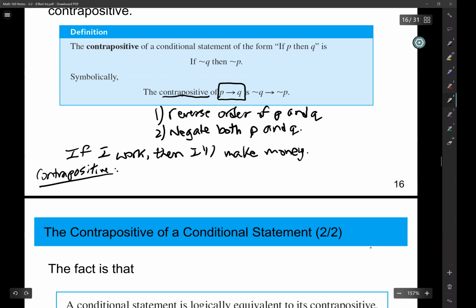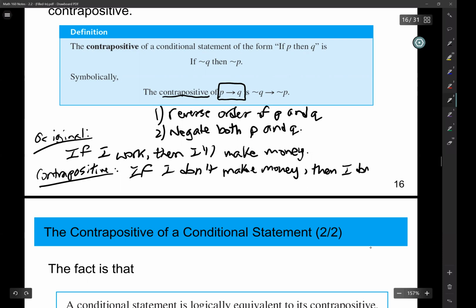The contrapositive would say, if I don't make money, then I don't work. Like that.